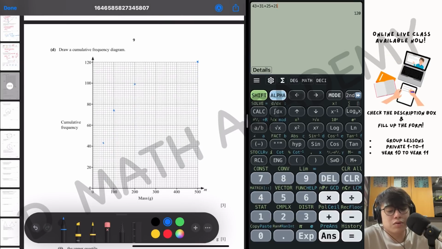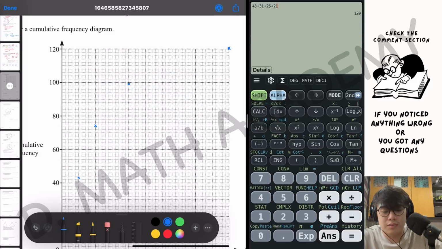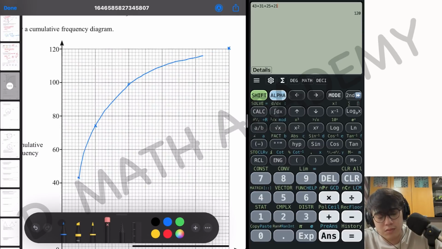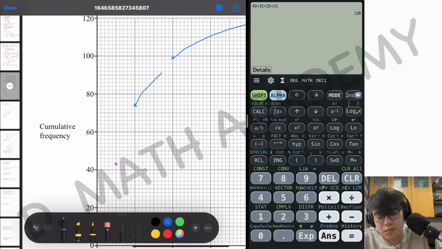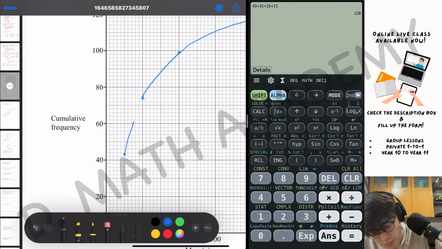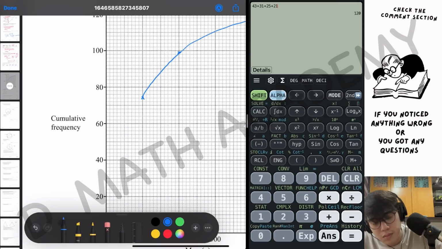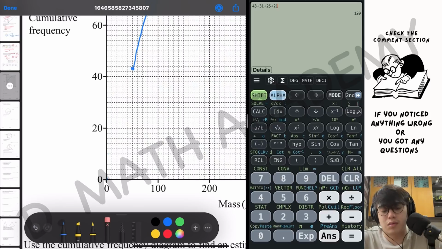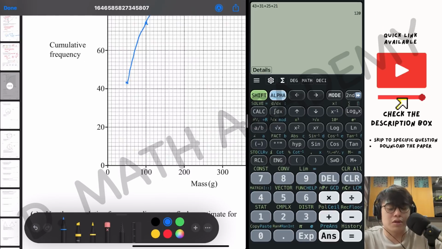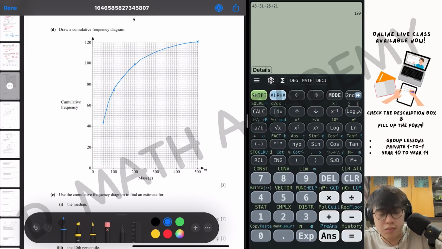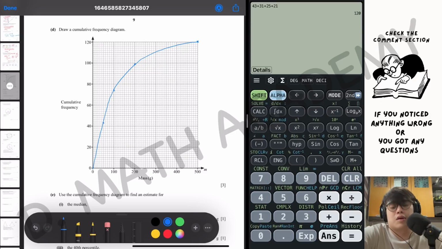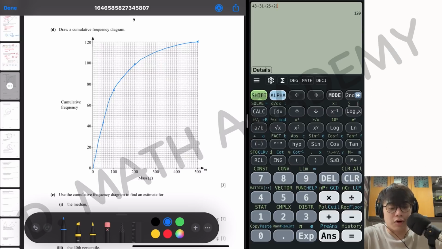So your graph should look something like this. Okay, try to draw it out as accurately as possible. So this should be it. Let's move on and check what they asked at the bottom.